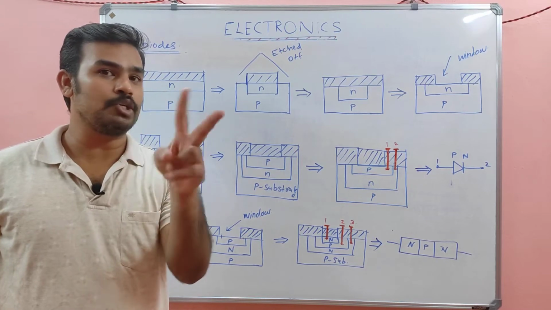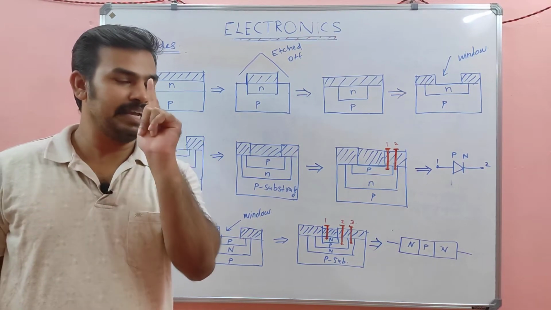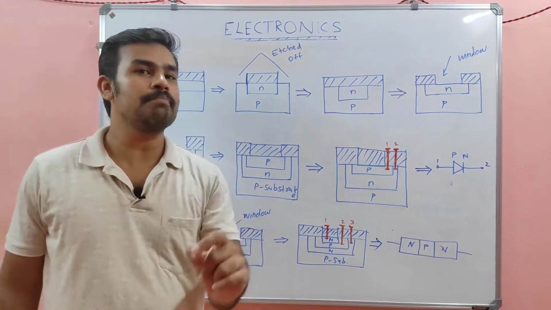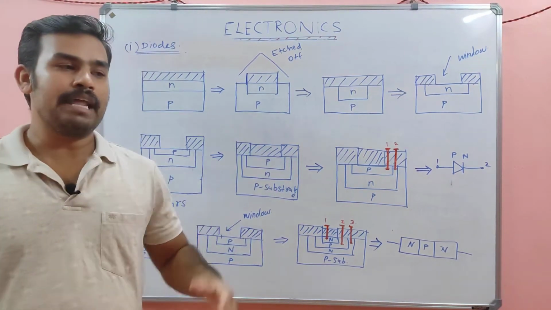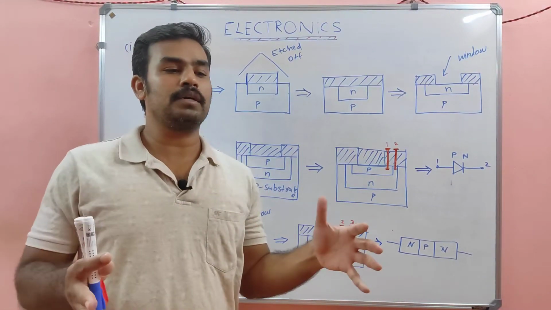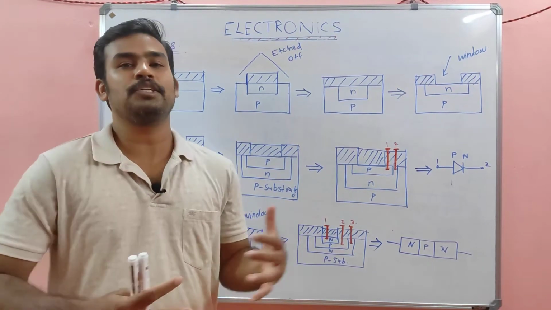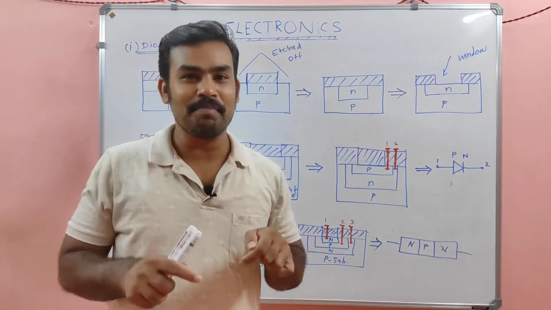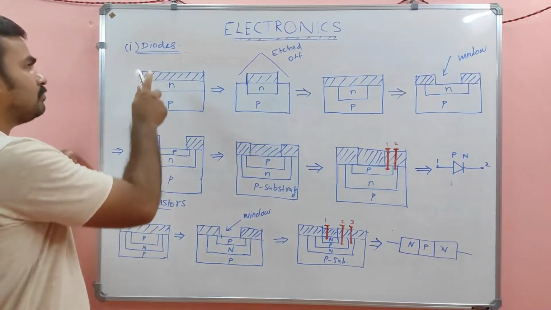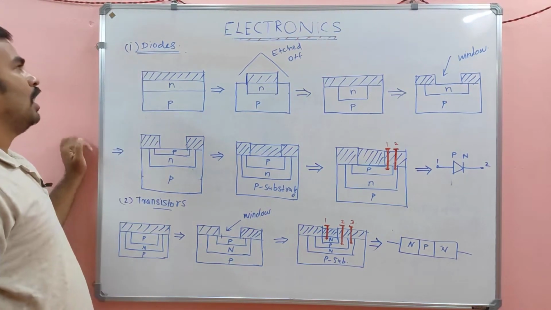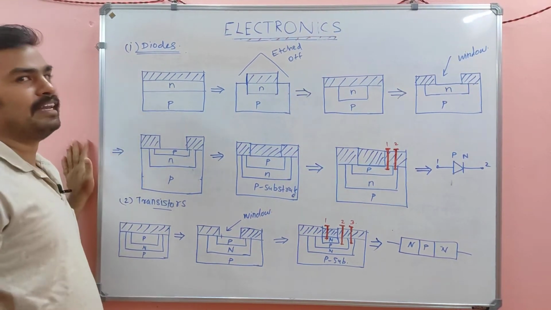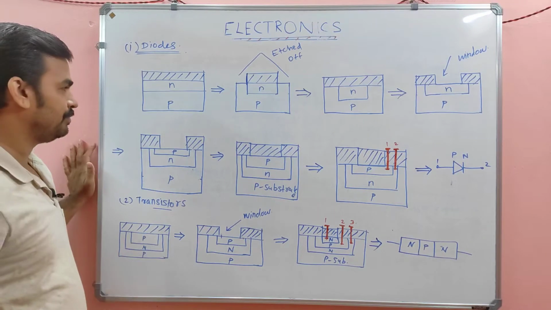Not two resistors, a single element can be implemented in a chip. A number of chips are joined together, interconnected together to form an IC package. Okay. So first of all, we have to discuss how we can implement a diode in a chip.